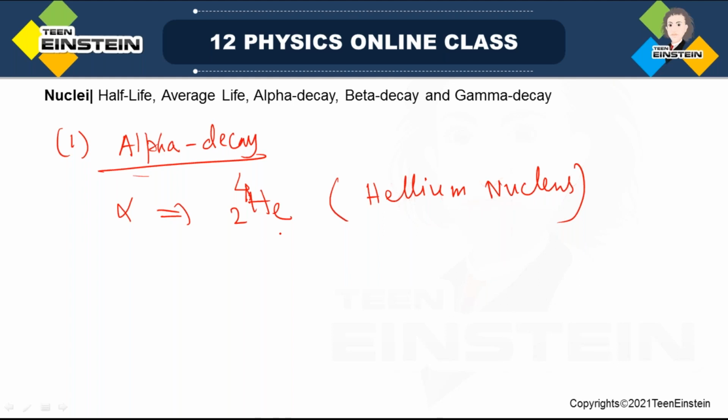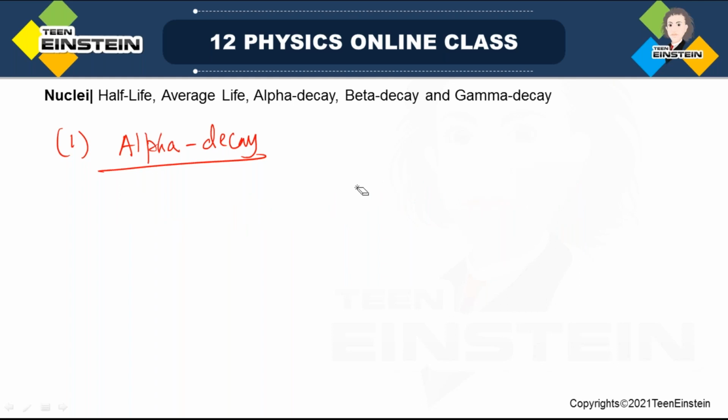So what is alpha decay and when does it happen? During radioactive decay, which is a spontaneous process, when a nucleus spontaneously decays by emitting an alpha particle, that is called alpha decay.